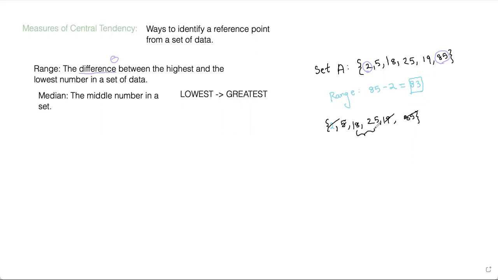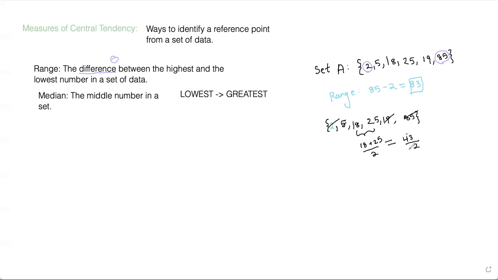If you have an odd number of terms, you keep canceling pairs from outside to inside, which is how I like to remember it, and you're left with 1 number. However, when you have 2 terms, you add the 2 terms and find the average, or just divide by 2, which gives us 43 divided by 2, which is 43 and a half as our median.